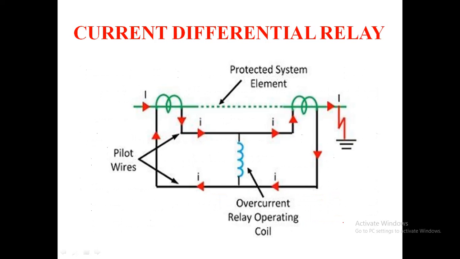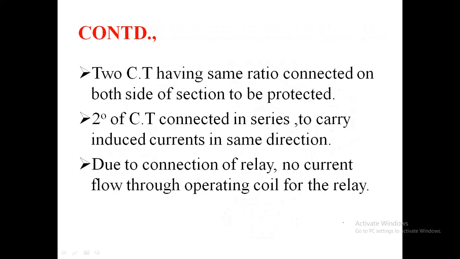Coming to the brief explanation of the current differential relay: two current transformers having the same ratio are connected on both sides of the section to be protected. Due to the connection of the relay, no current will flow through the operating coil of the relay.